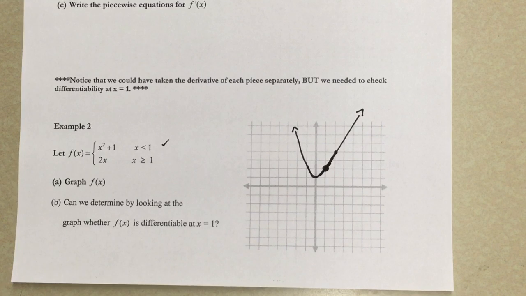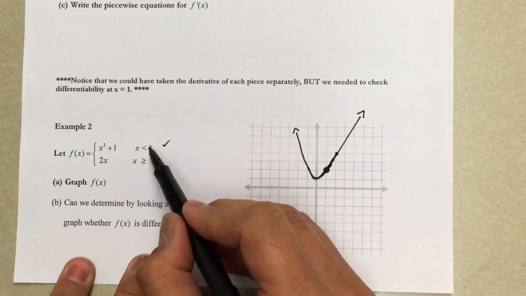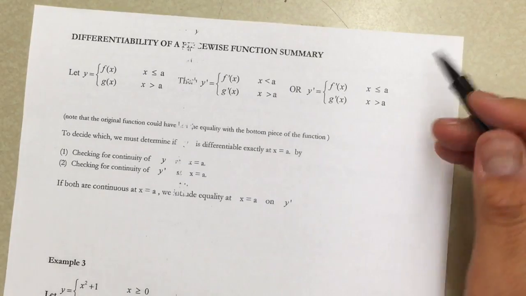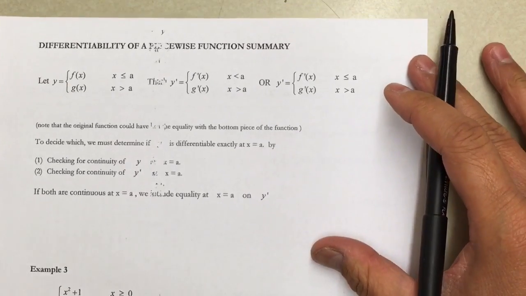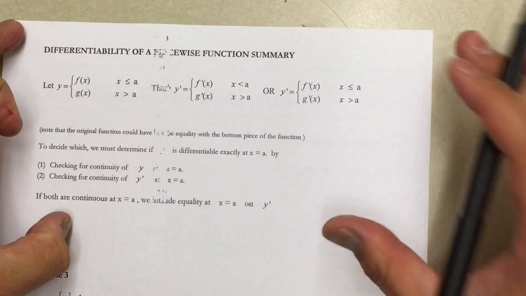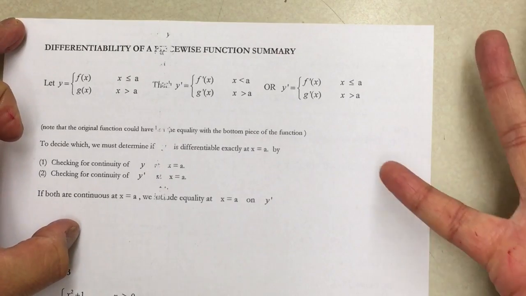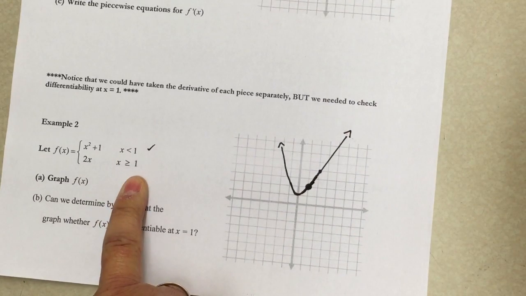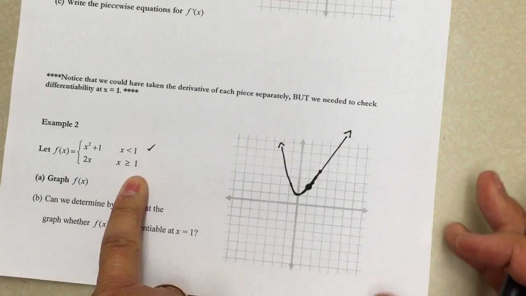If that's the case, then how do we know whether or not the function is differentiable at x equals 1? Well, to answer that question, we have to go through some tests. Now, this summary here tells us a method to determine whether or not we include the boundary point within our derivative function.